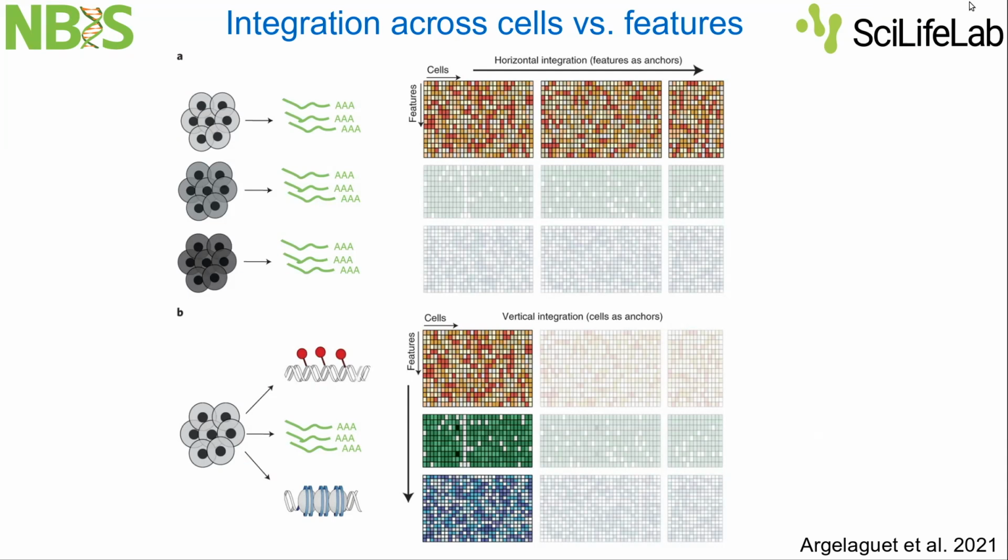So first of all, horizontal integration assumes, so both types assume that one dimension in these matrices that we are combining is constant across different data sets. For horizontal integration, the features are the anchors, meaning that gene names are the same across all different data sets.